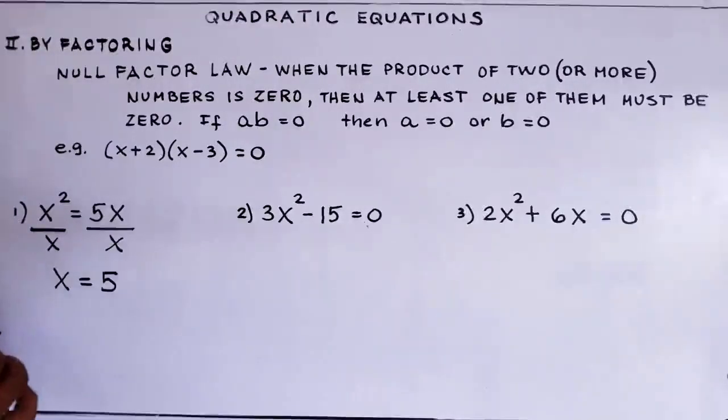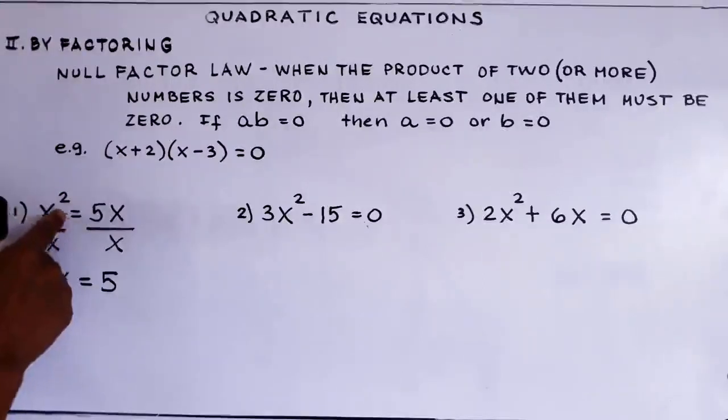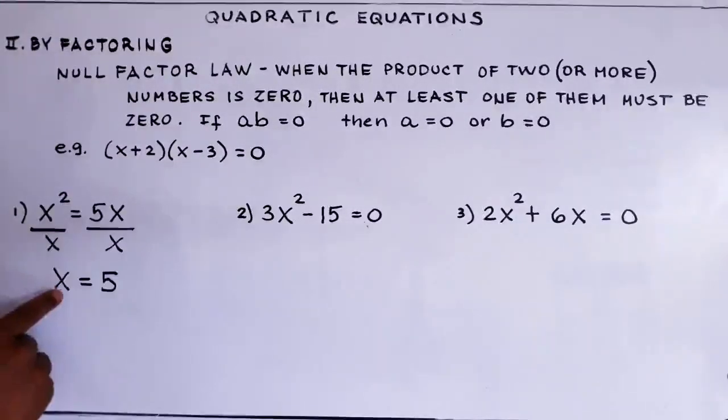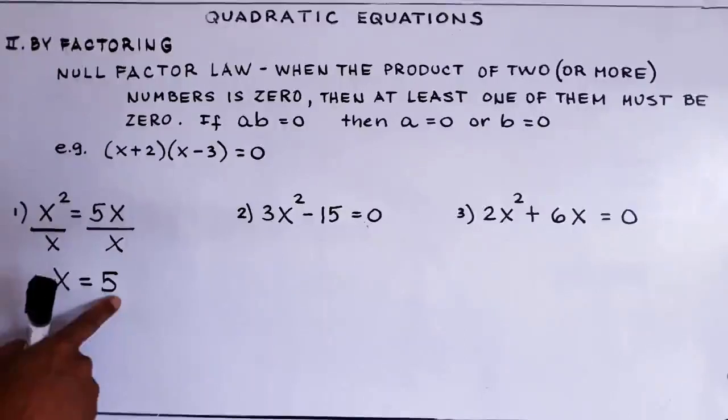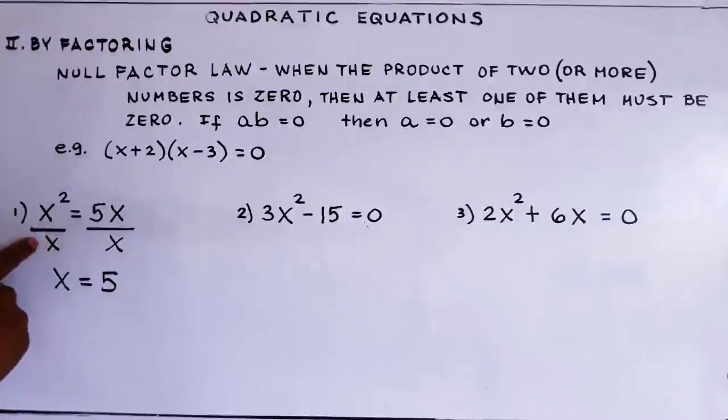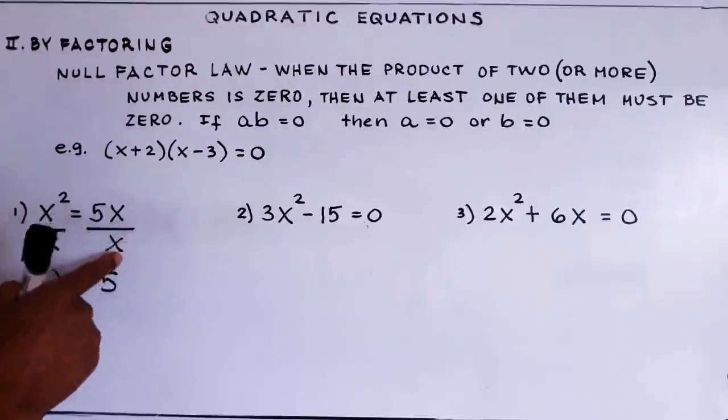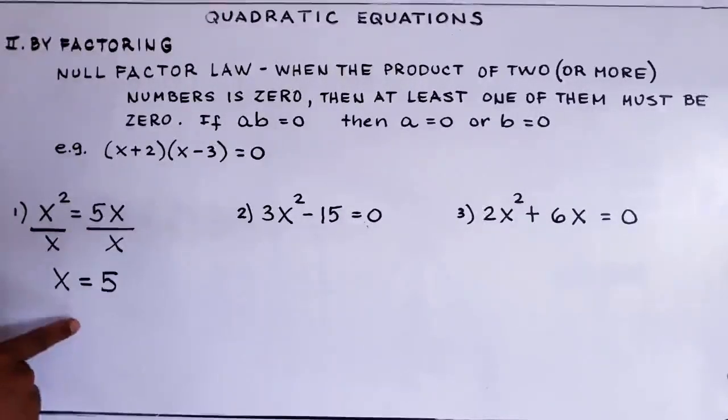So you will say that, oh, the solution for x squared equals 5x is 5. That is illegal cancelling. Do not cancel or divide both sides by the common factor.